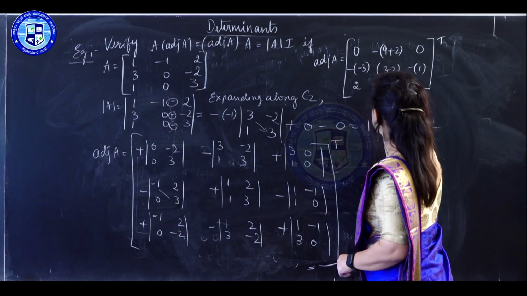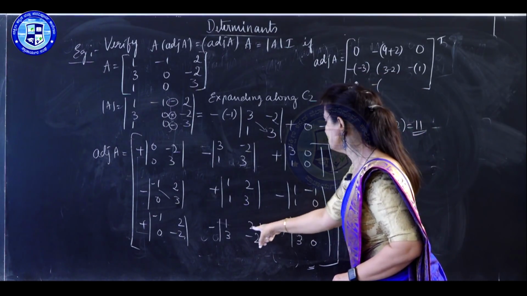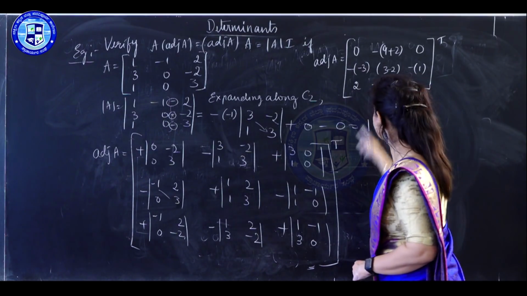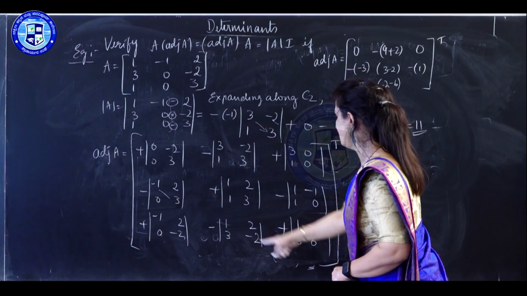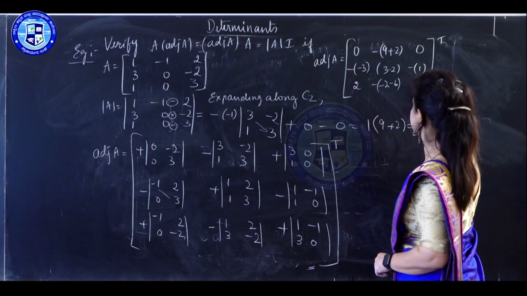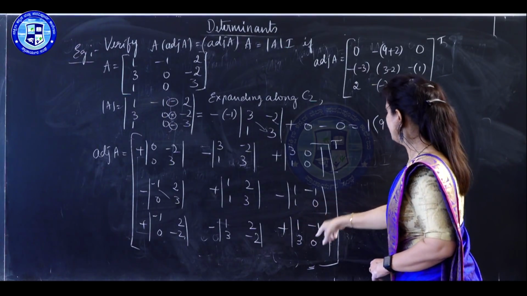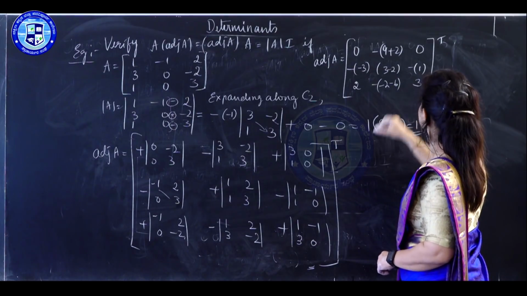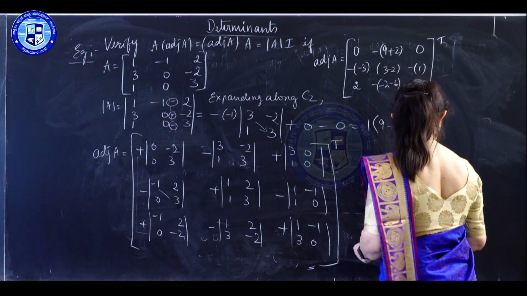This is minus of minus 2 minus 6, that is minus 8. Then 2 into minus 2, 3 into 2, minus 6... then last one, 0 minus 3, plus 3. You have to write the transpose of this, students.